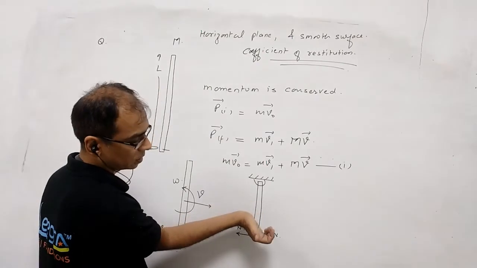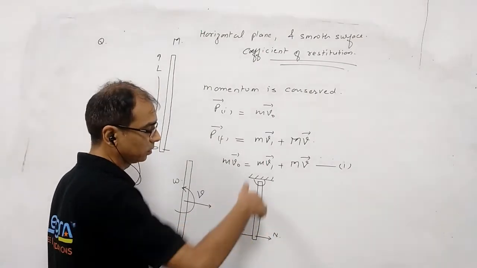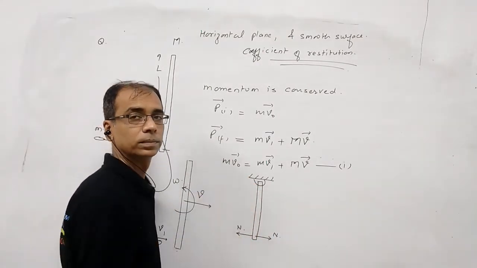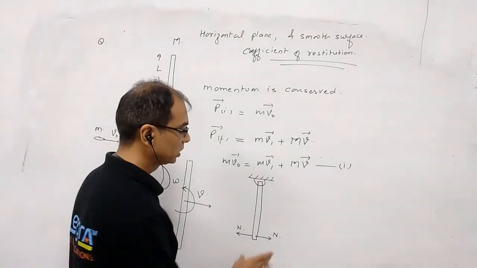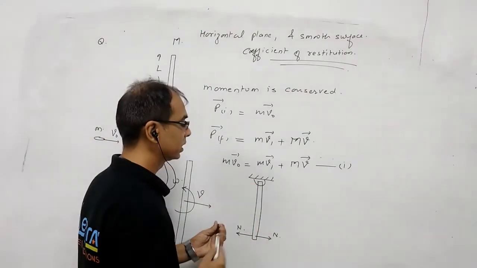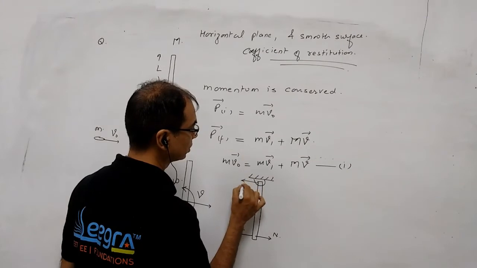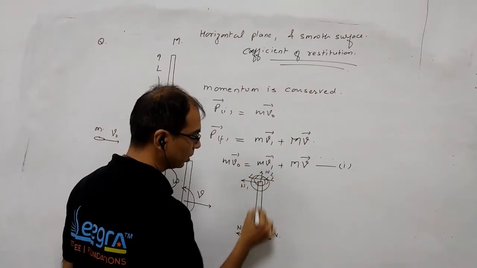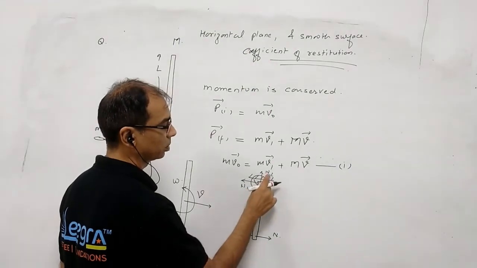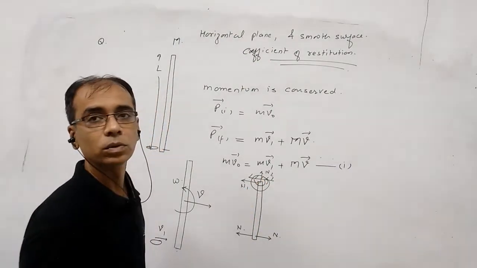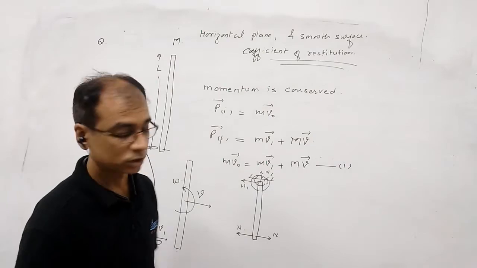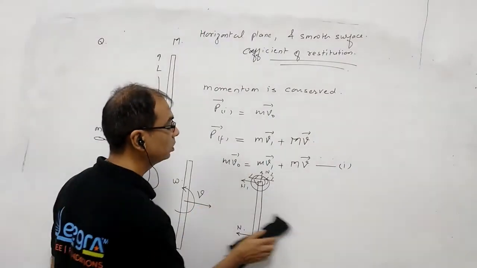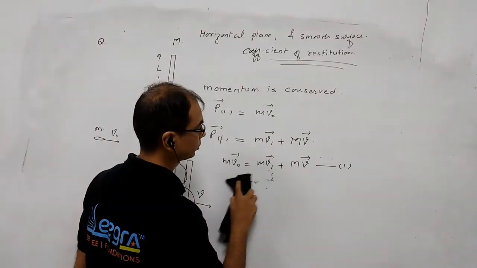Because of this outside, because of this inside. So torque is 0 because of these two, and the hinge forces act over here, so their torque is 0 only about this point. Any other point you take, there will be torque because of these two, N1 and N2. That's why angular momentum was conserved in that case only about the point of suspension.